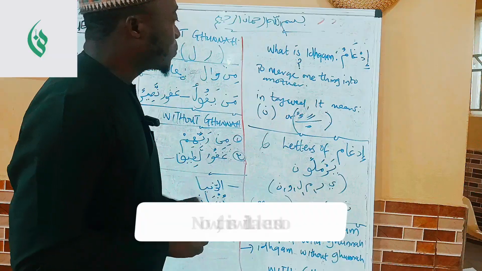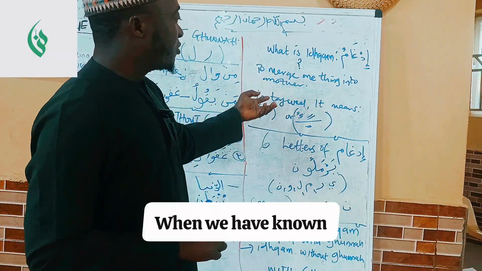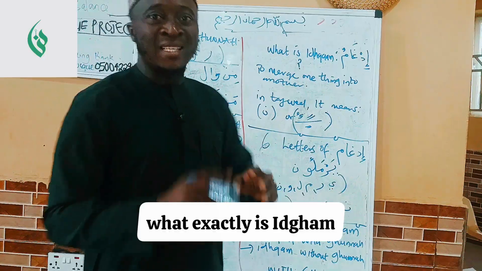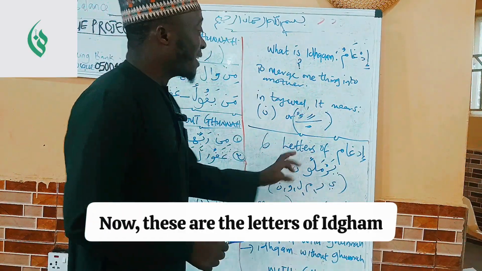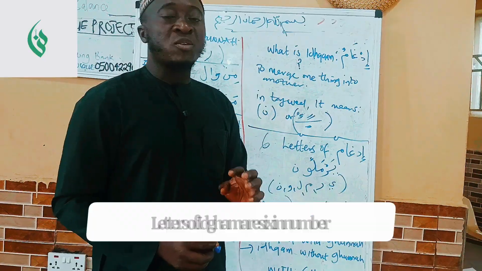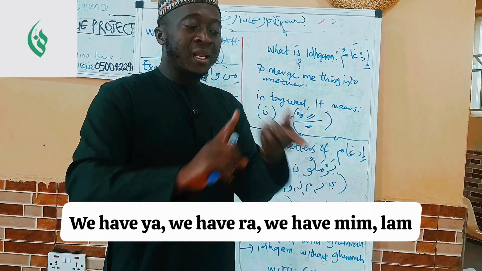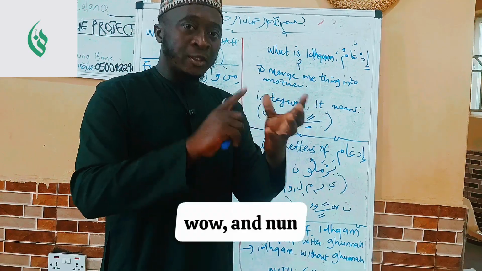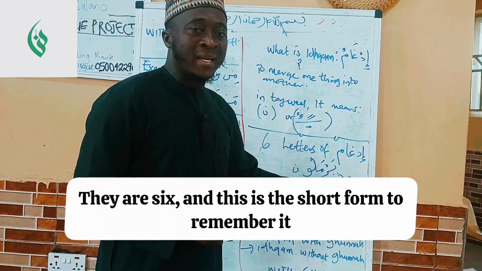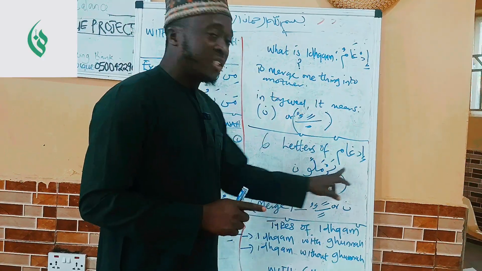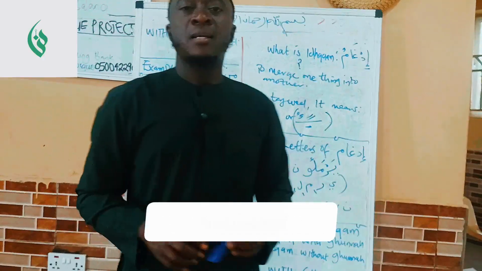Now this will take us to the letters of Idghām. Now that we know what exactly Idghām is, to merge one thing into another thing, these are the letters of Idghām. They are 6 in number. We have Ya, Ra, Mim, Lam, Waw, and Nun. This is the short form to remember it: Yarmaloon. These are the 6 letters.